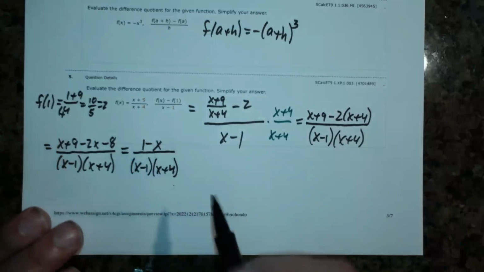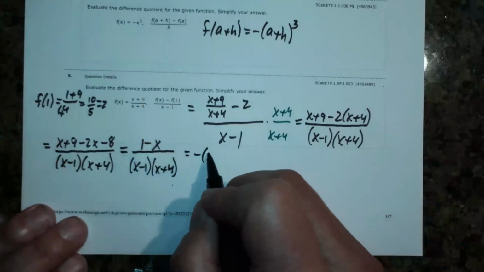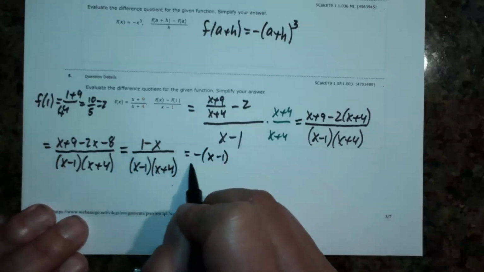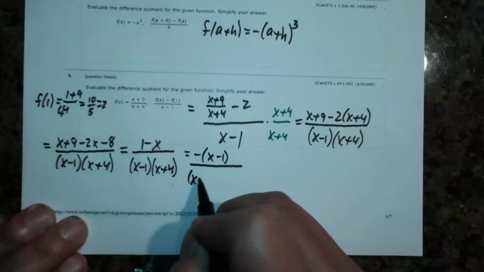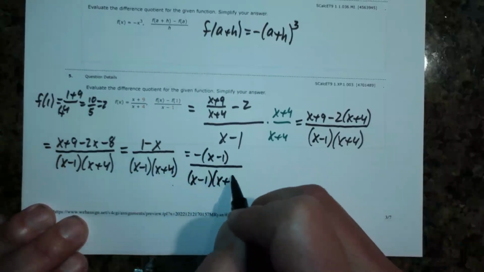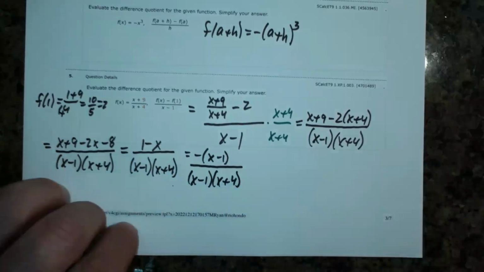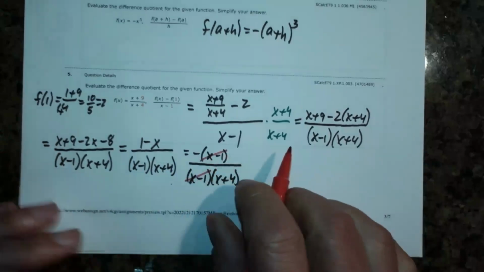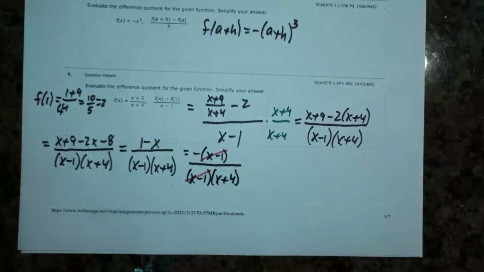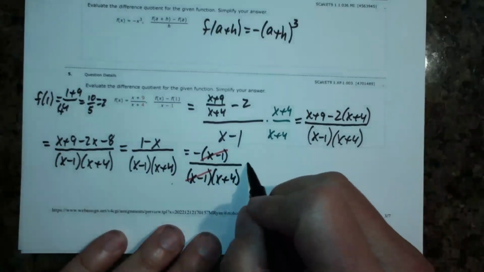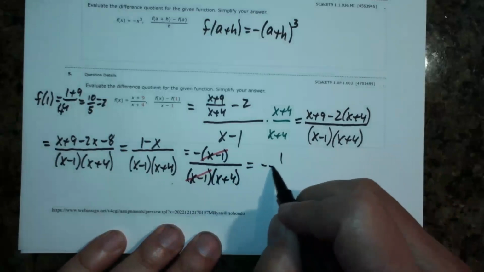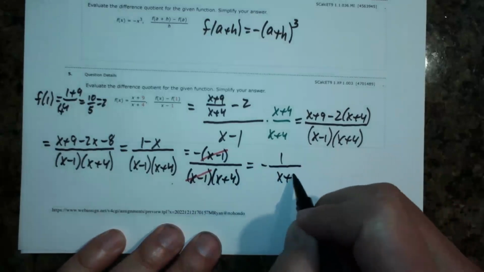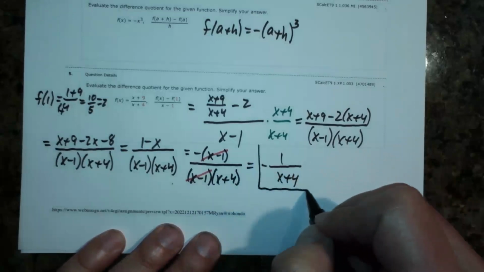It'll make the x positive and the 1 negative. That allows me to reduce this here. There you have it.